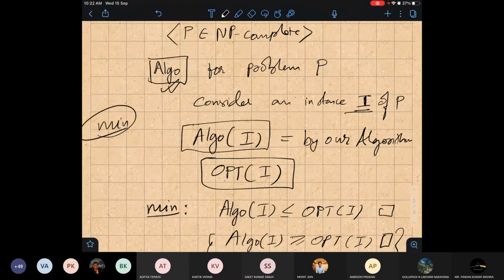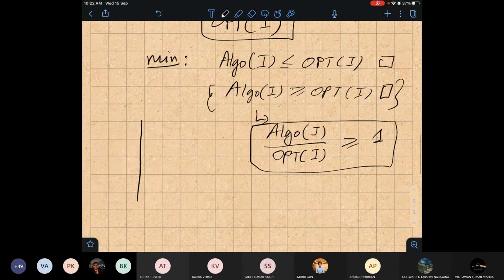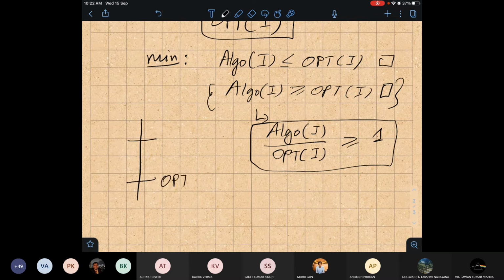So any output returned by our algorithm will always be greater than or equal to the optimal one, since it is a minimization problem, we cannot go beyond optimal. We cannot go further down. If we draw this, suppose this is the solution scale, from low to high, and this is the optimal value for I, then algo will always be above.